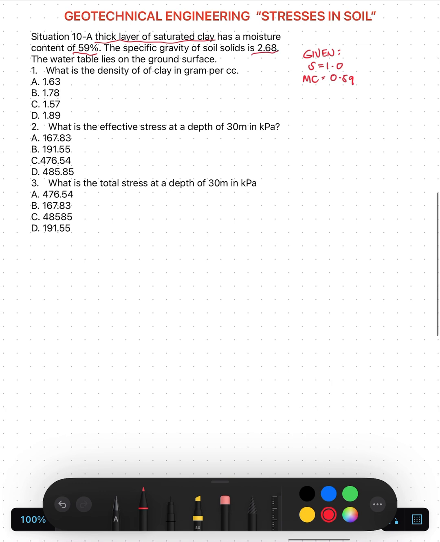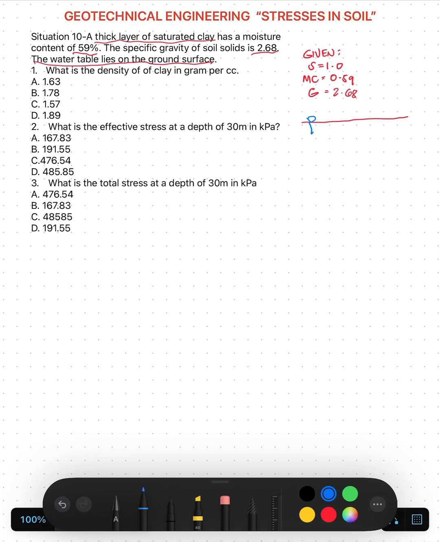Next, the specific gravity of soil solid is 2.68. Next, the water table lies on the ground surface. So it concludes that our soil is saturated. So number one, what is the density of clay in gram per cc?